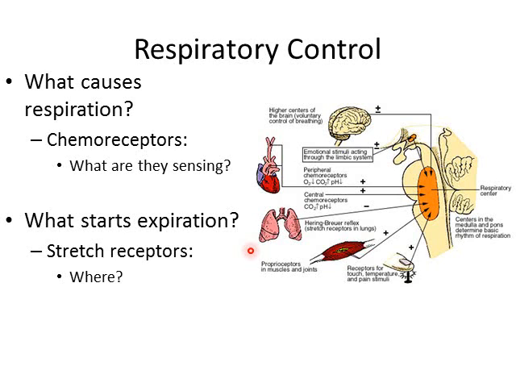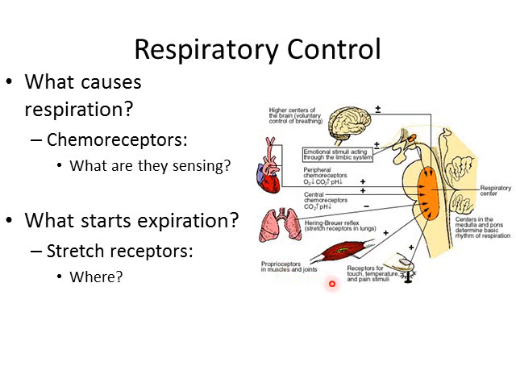When they reach a certain point, those stretch receptors are stimulated, which starts a reflex loop that inhibits the diaphragm, so the diaphragm relaxes and pushes up the lungs, and we expire the air.